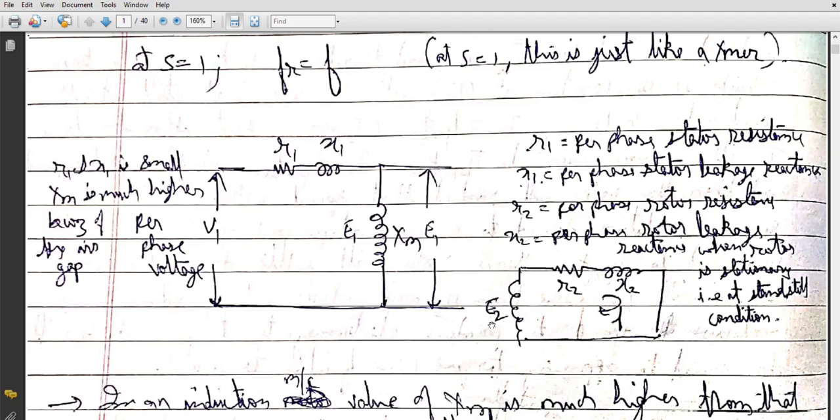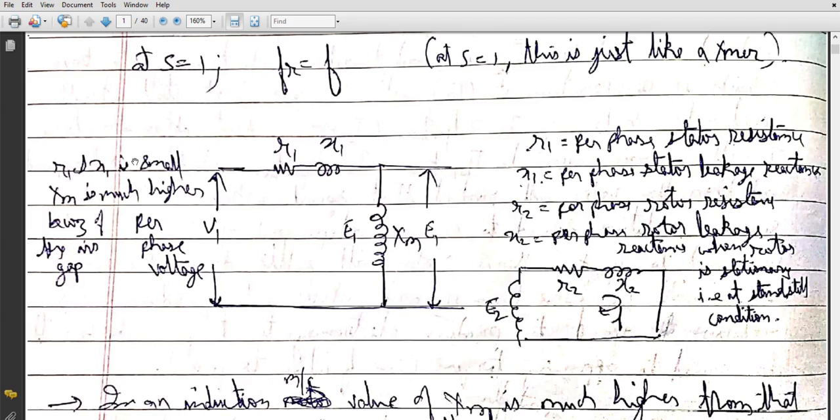The values of E2, X2, and the frequency of the rotor will all start changing, and thus the equivalent circuit of the rotor will change as soon as the rotor starts rotating. So here come the differences between the equivalent circuits. But right now we are talking about the situation when the system is stationary.